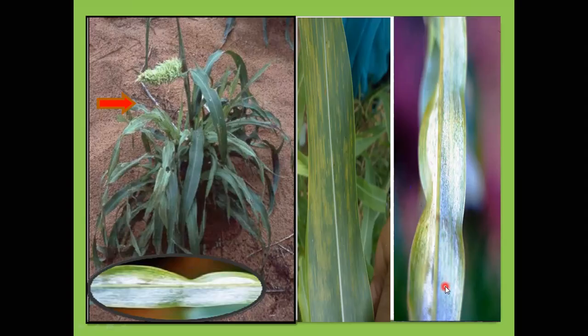Under favorable conditions, this yellow discoloration turns brown in color, with long streaks generally seen along the leaf veins. These symptoms are seen on the upper side of the leaf, and this is the lower side of the leaf.